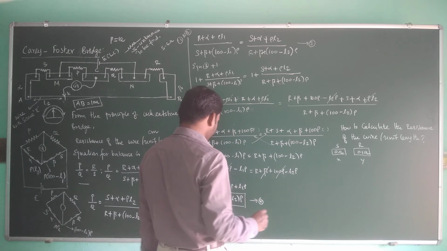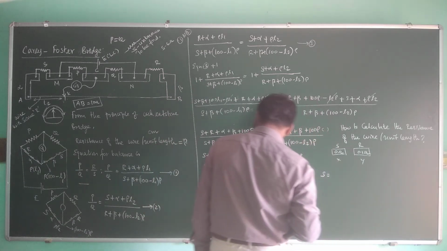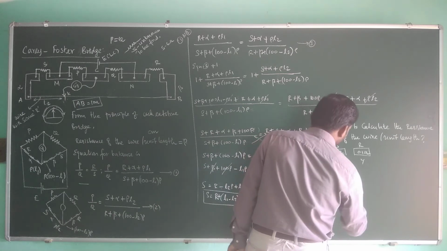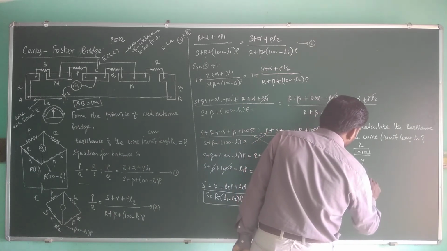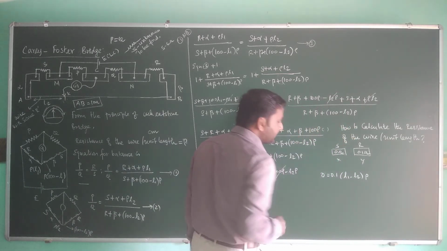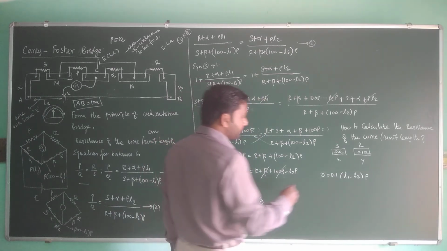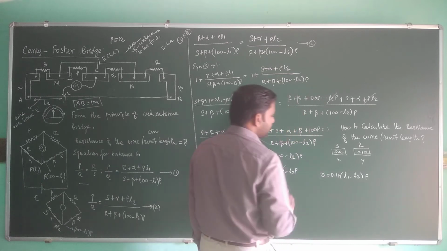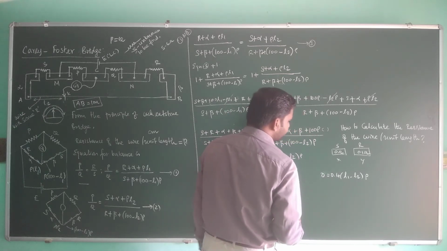What will be? So S is equal to 0, R is 0.1, and we know the values of L1, L2 and rho. We have to rewrite this equation for rho, so that, yeah, again we are missing the plus, right? Now what will that be?